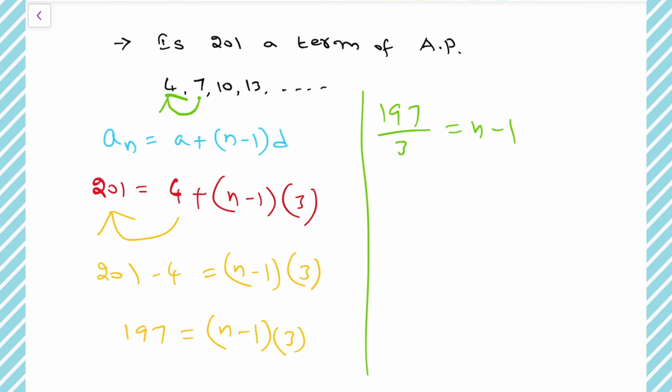We should not get a decimal point in this kind of question. Why? Because we always say first term, second term, third term, fourth term, 20th term, 100th term, like this only, but we never say 1.1 term, 1.2 terms, 1.7 terms, 3.4 terms. So here we can write n does not belong to the natural numbers. So 201 is not a term of the given arithmetic progression.